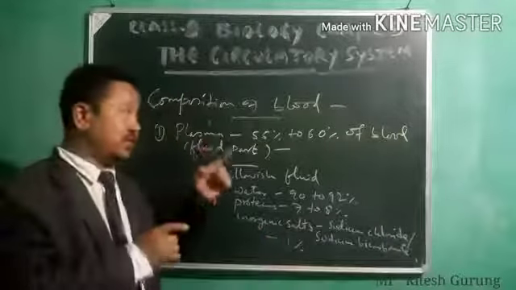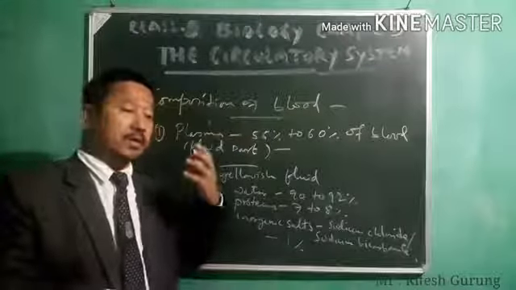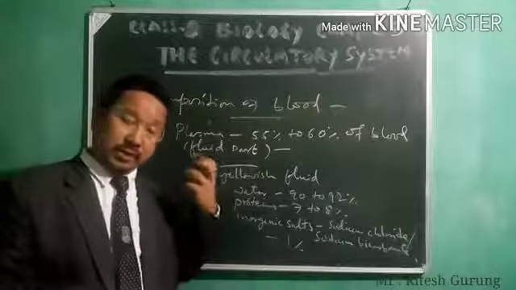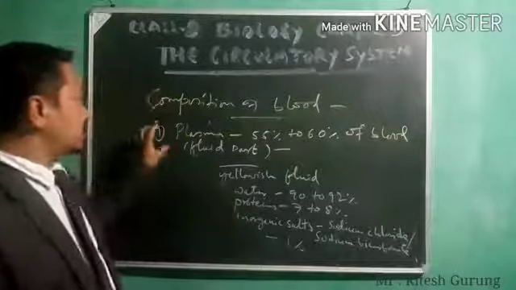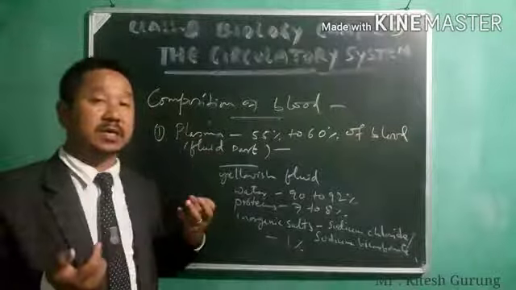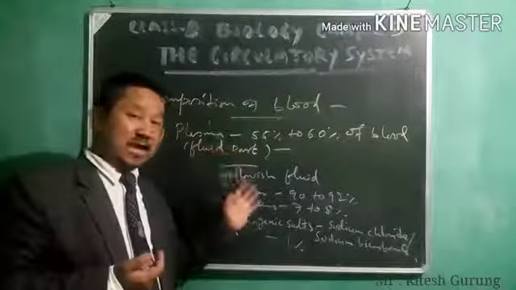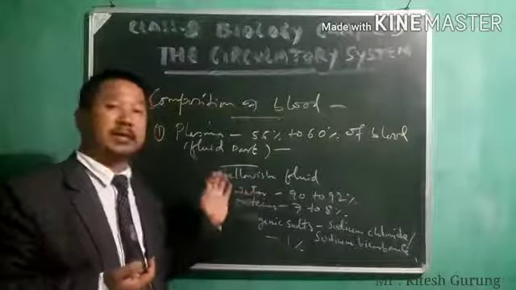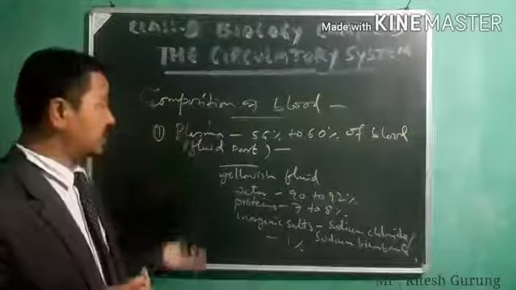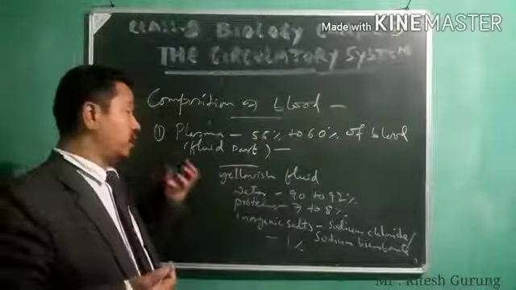First we talked about the composition of blood, that is plasma and blood cells. Then we talked only about plasma. Plasma is a yellowish fluid part of the blood, and in its composition you find water, 90 to 92% of plasma.